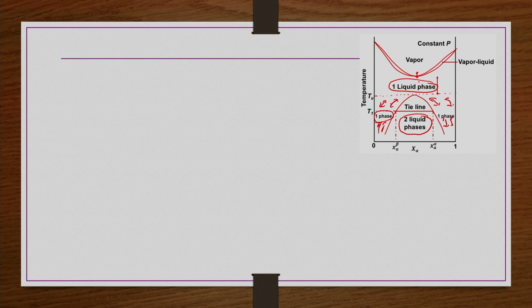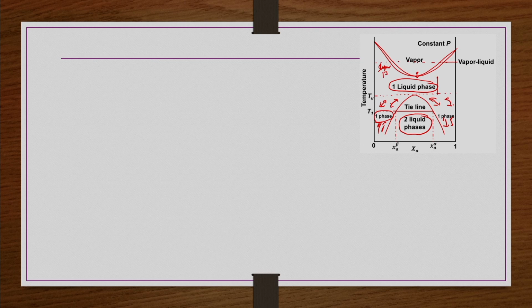Now if you draw a line here like this, what can you have? Here you have only the liquid beta phase. In between you can have a vapor liquid equilibrium between vapor and liquid beta.